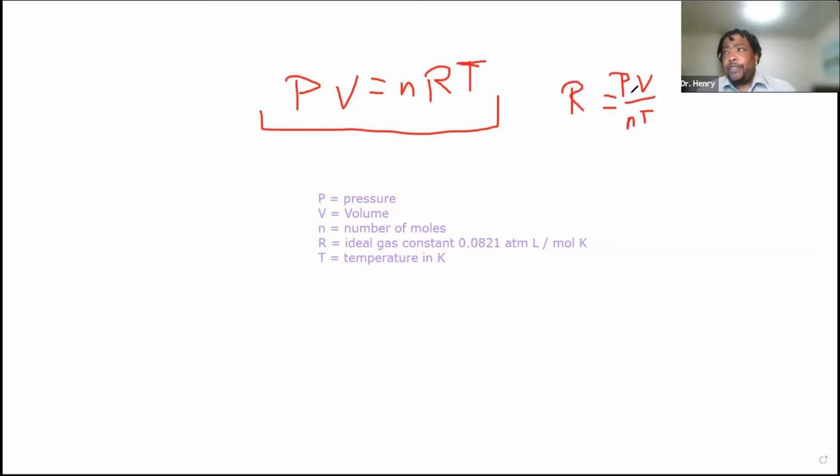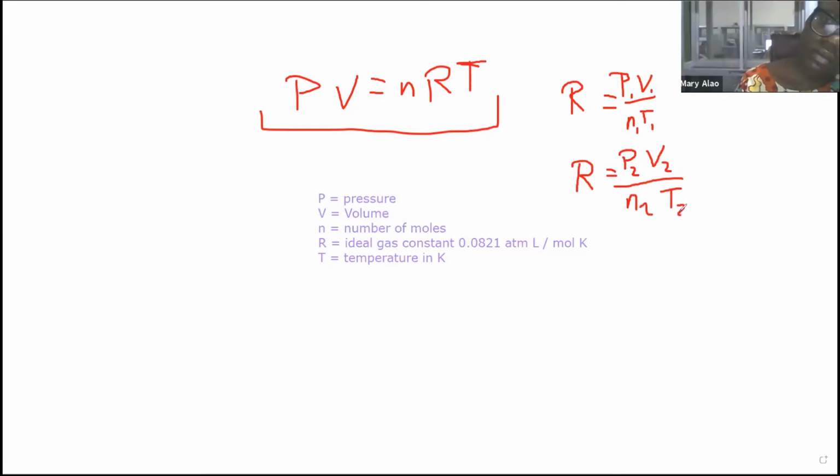So then I could put ones here, and say that this constant is also equal to another situation where we have a different pressure, a different volume, and a different temperature.